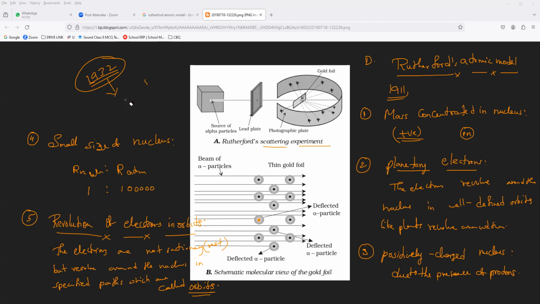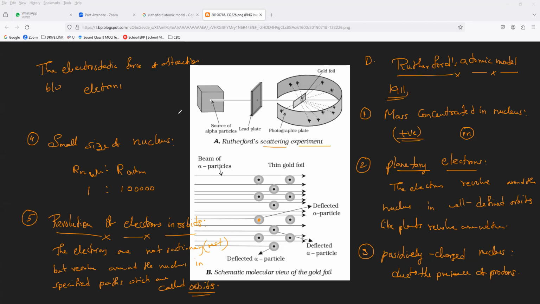Write it. Continuation of the points. The electrostatic force of attraction between electrons and nucleus. Electrons are what charge? Negative charge. And the nucleus is what charge? Positive charge. So both will show attraction or repulsion?